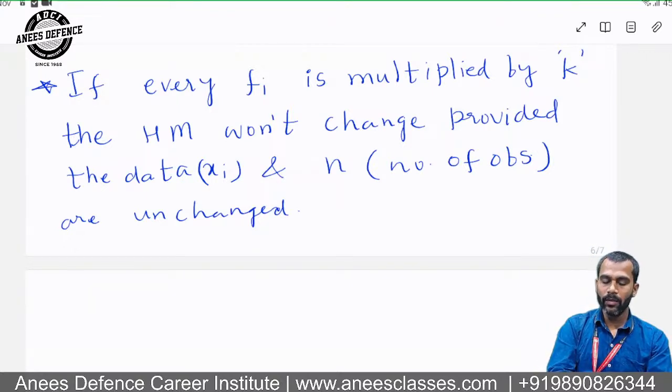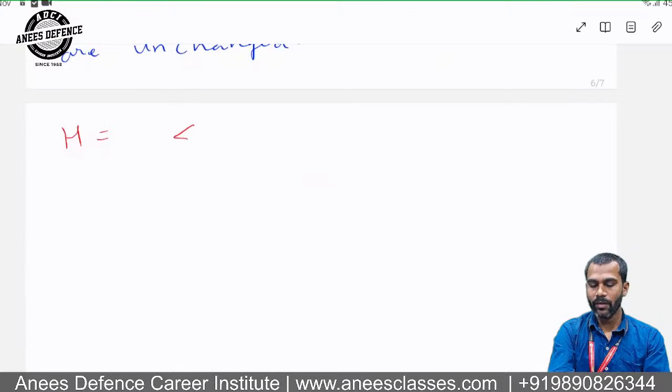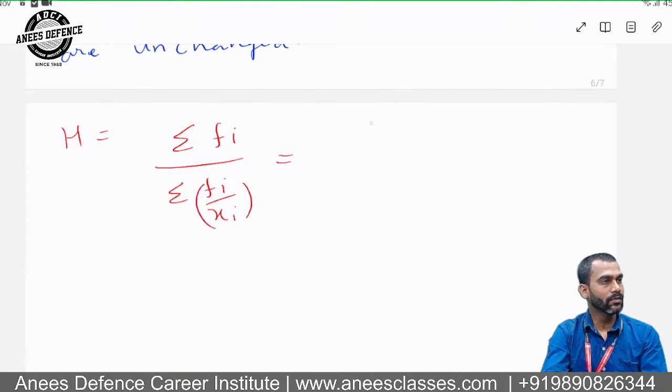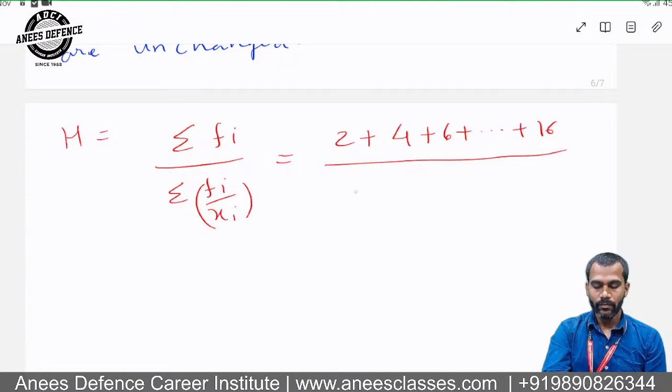Now see, let me solve that question. What was the formula? Tell me. H is equal to summation fi divided by summation fi over xi. So what I have to do? Frequencies were 2 plus 4 plus 6 up to 16, divided by summation, I mean, summation means we have to add, right?